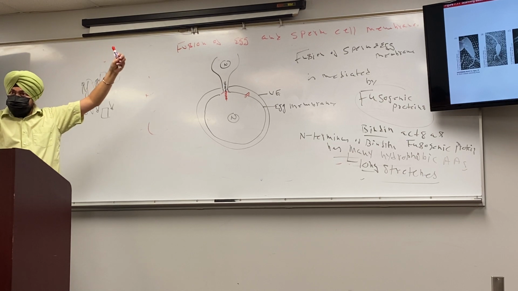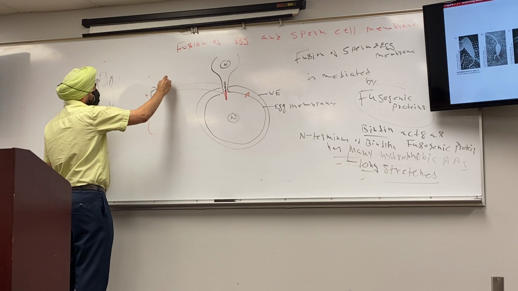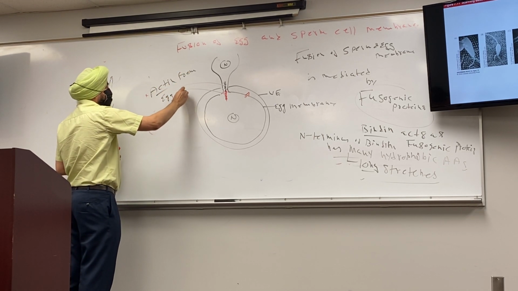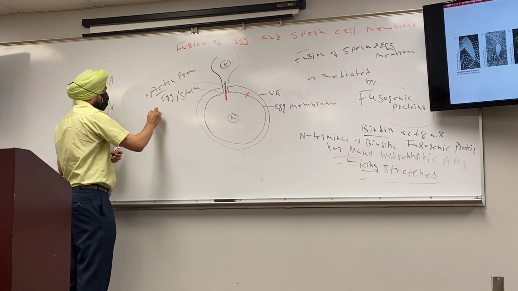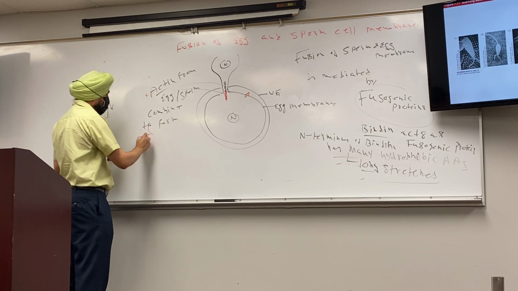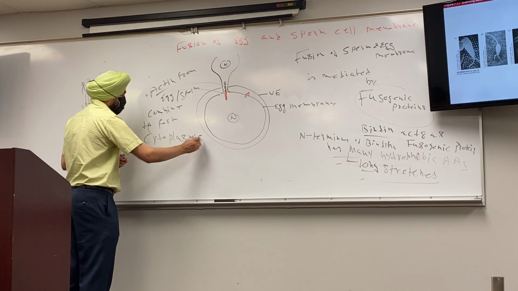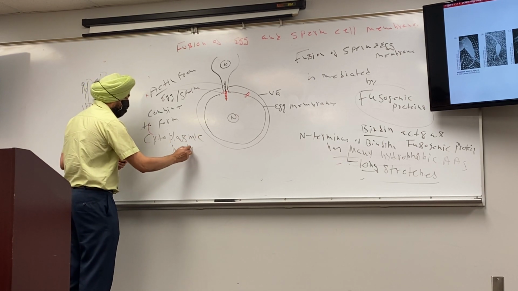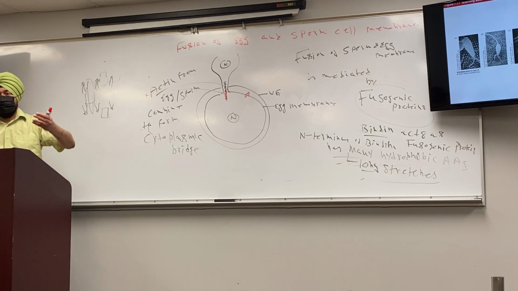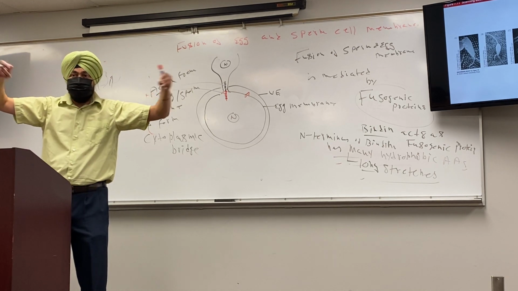So these cytoskeletal proteins, these actin from egg and sperm, combine to form a cytoplasmic bridge. Actin can combine with each other, right? They are the same protein. Polymerization is going to take place. Now what happens?